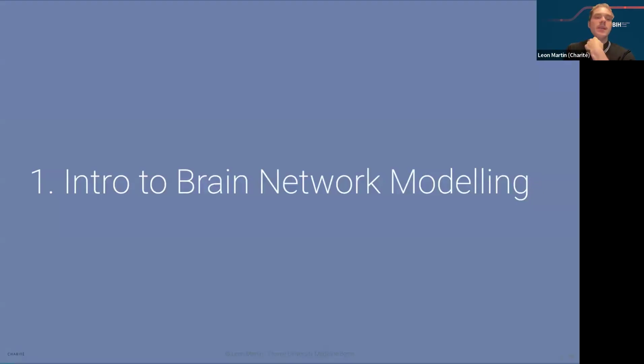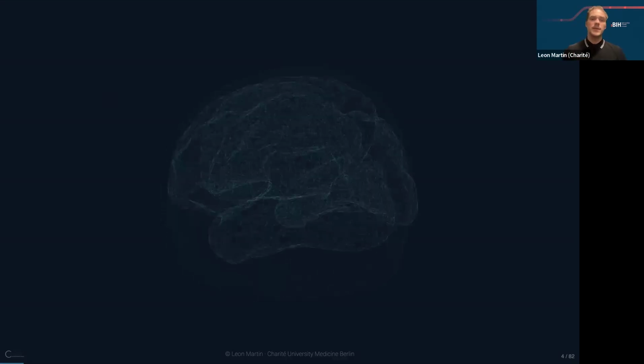So let's maybe start with the bare introduction. In order to get a digital copy, a clone basically, of one's brain, one needs to look into the head of an individual and create basically a model of the brain.